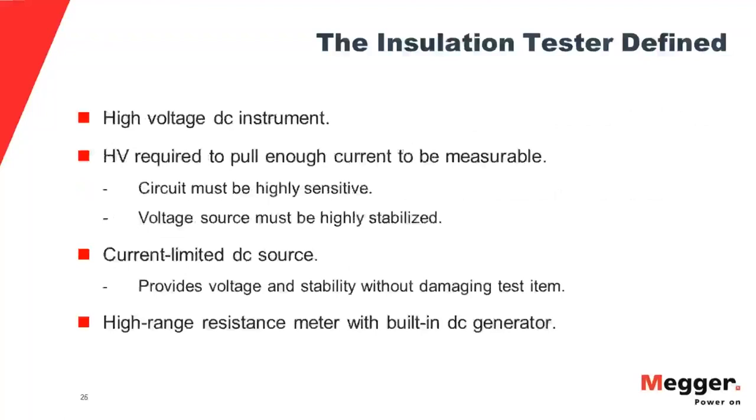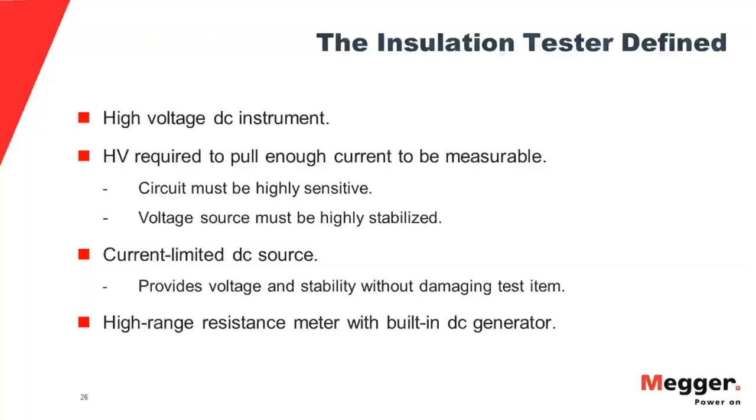So, some of the points that are mentioned here: we need a lot of voltage because we need to be able to draw very small amounts of current. We're concerned with leakage current, which is what's getting through the insulation and going to ground or into the operator or whatever, and that's typically very, very small amounts.